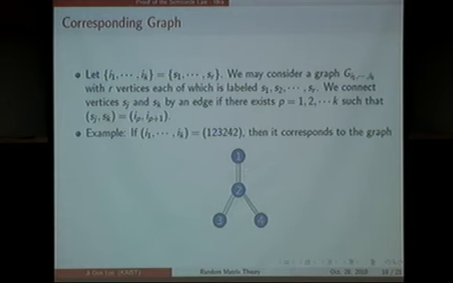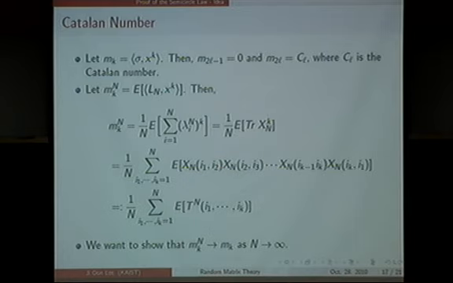At least one pair of vertices should be connected by an odd number of edges. Then it just becomes 0. So we just proved half of the claim, that this is 0.